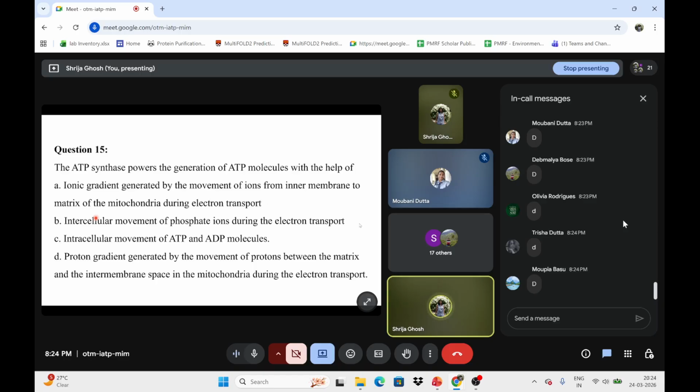We just discussed in depth the electron transport chain and ATP synthesis. How is ATP synthase getting its power to generate the ATP molecules? I told you generation of an ATP molecule is an energy intensive process. From where is the energy coming?